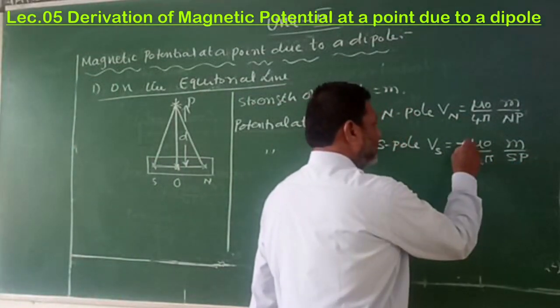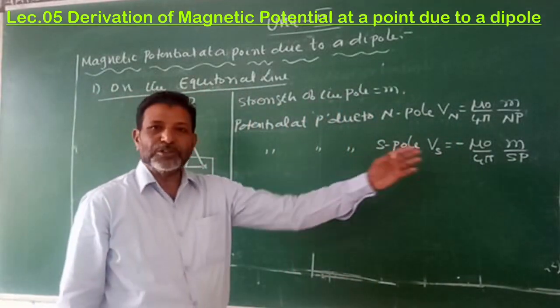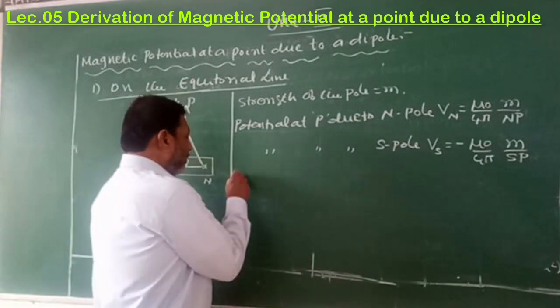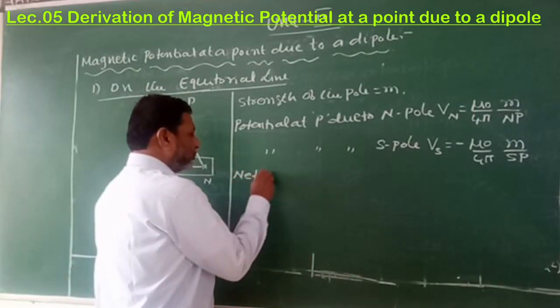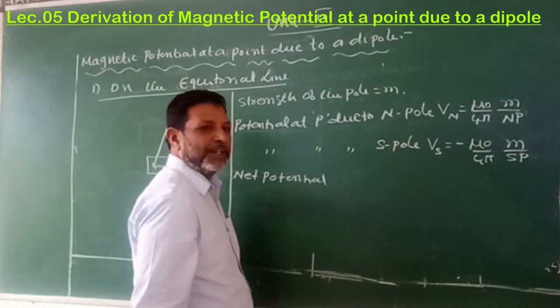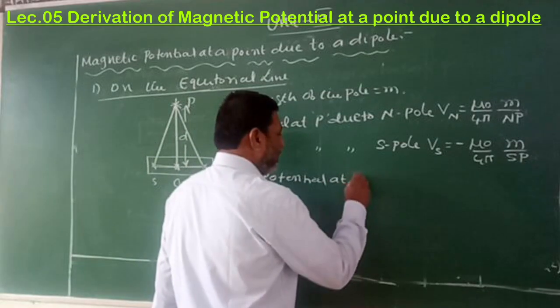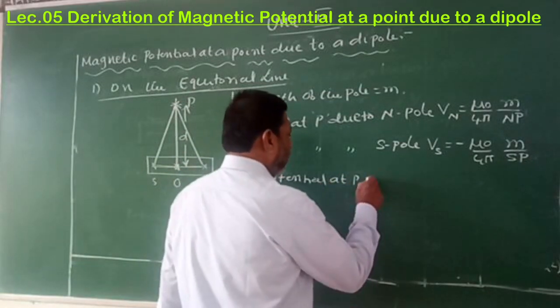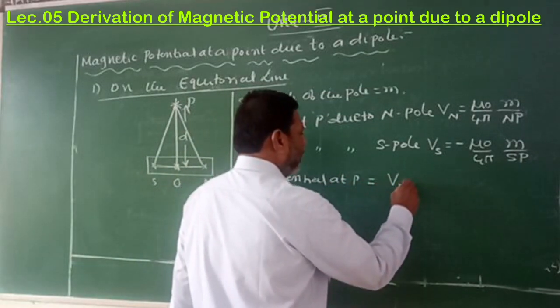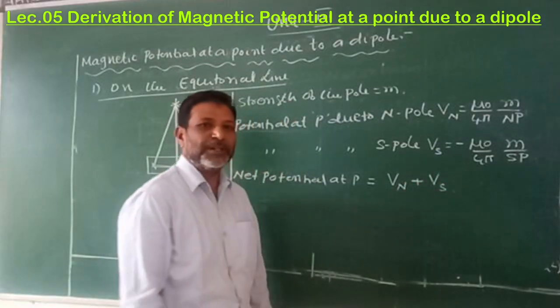But this is negative, since the potential due to the south pole is negative. Now the net potential at P is equal to Vn plus Vs.